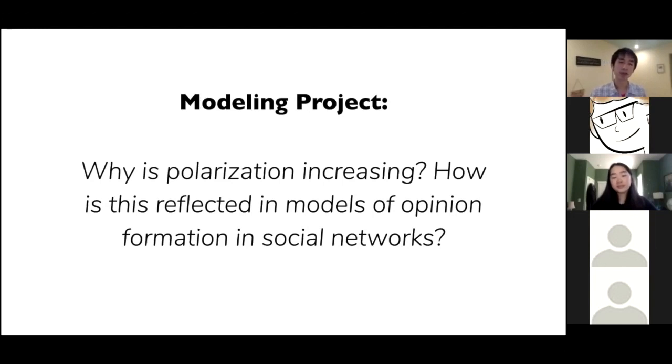And what we were interested in is this question of polarization. Does it exist? And if so, why does it exist? Why is it increasing? Why does it feel like people are becoming more polarized? And what do our models say about that?